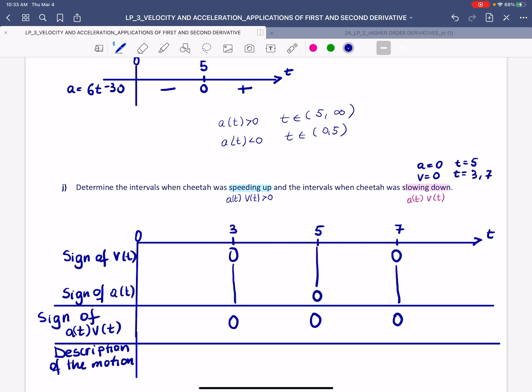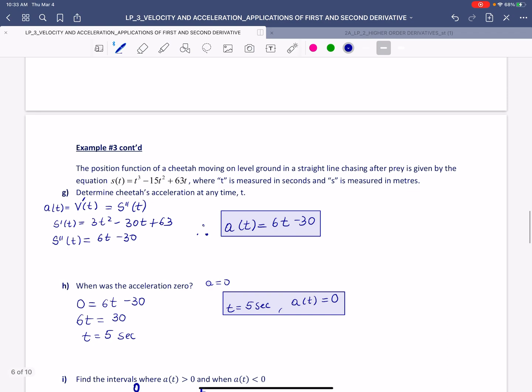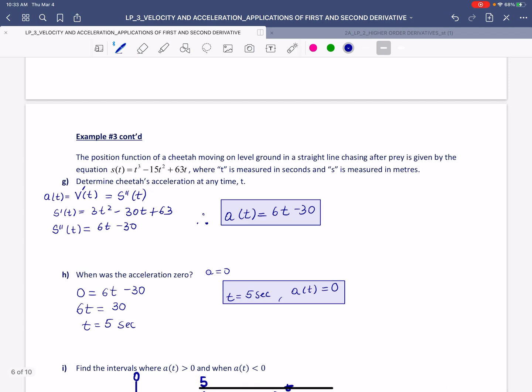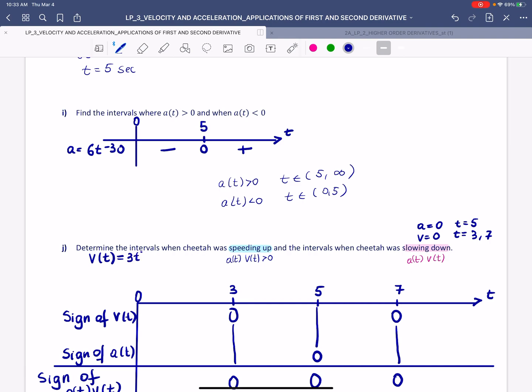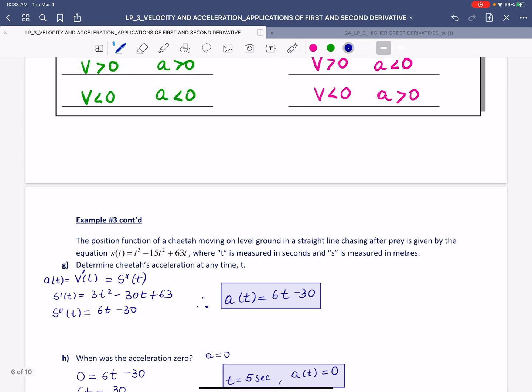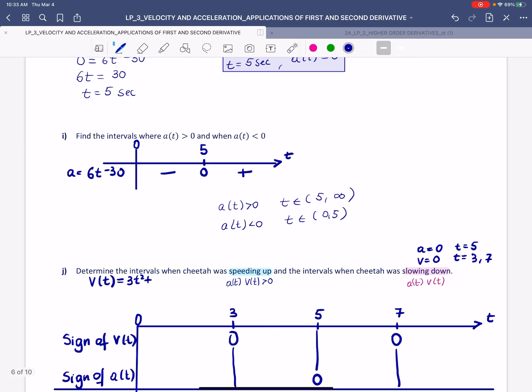I will start off with velocity. If you remember the velocity equation that we obtained from the first part of the problem, it is 3t squared minus 30t plus 63.